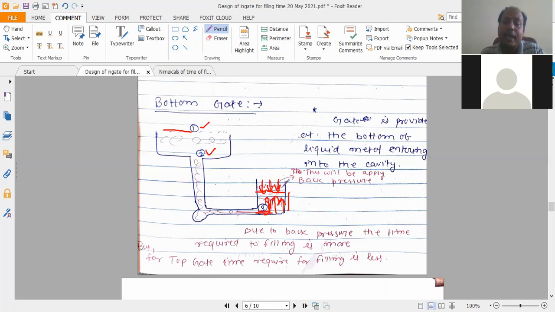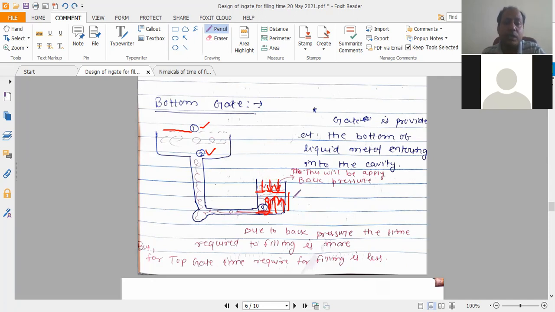This head can put pressure on the molten metal. Due to this back pressure, the time of filling will be higher than the top gate.